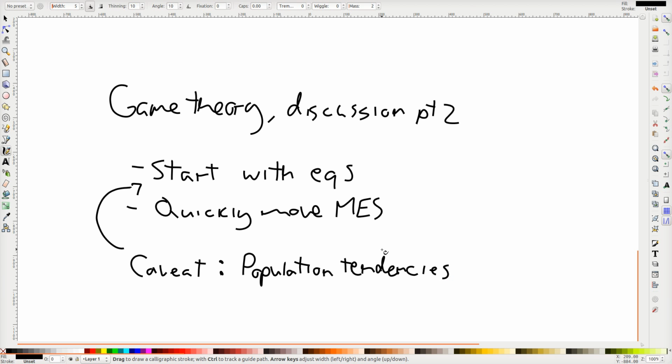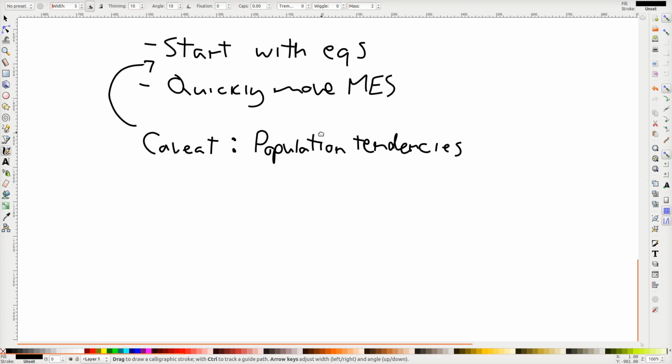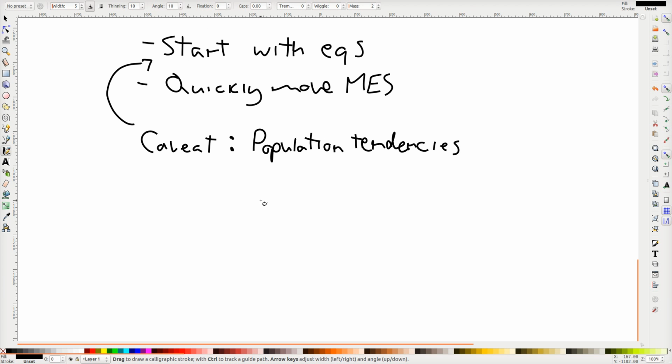So what is a population tendency? A population tendency is when your population as a whole tends to play in a certain way. I'll write that down.